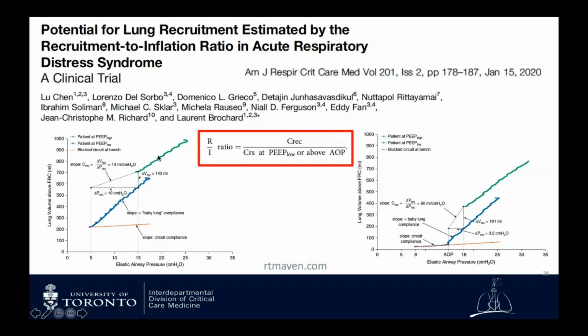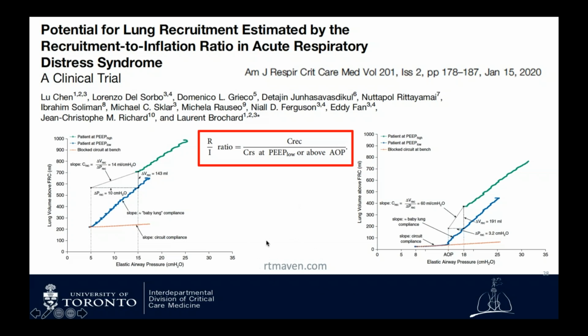And this essentially works by dropping the PEEP from 15 to 5 and looking at the change in tidal volume associated with that, and making a ratio of how much of that change is simply due to a reduction in pressure and how much of that is due to de-recruitment. That can give you a measure of how recruitable somebody is, with the idea being to use this at the bedside to say, oh, somebody's highly recruitable, I'll try going up to higher PEEP.